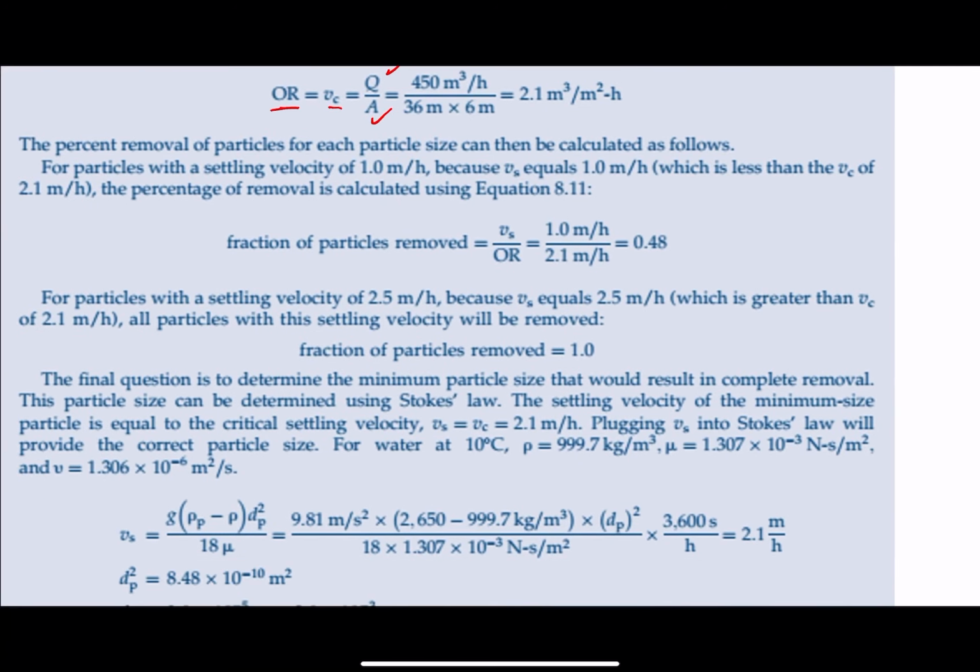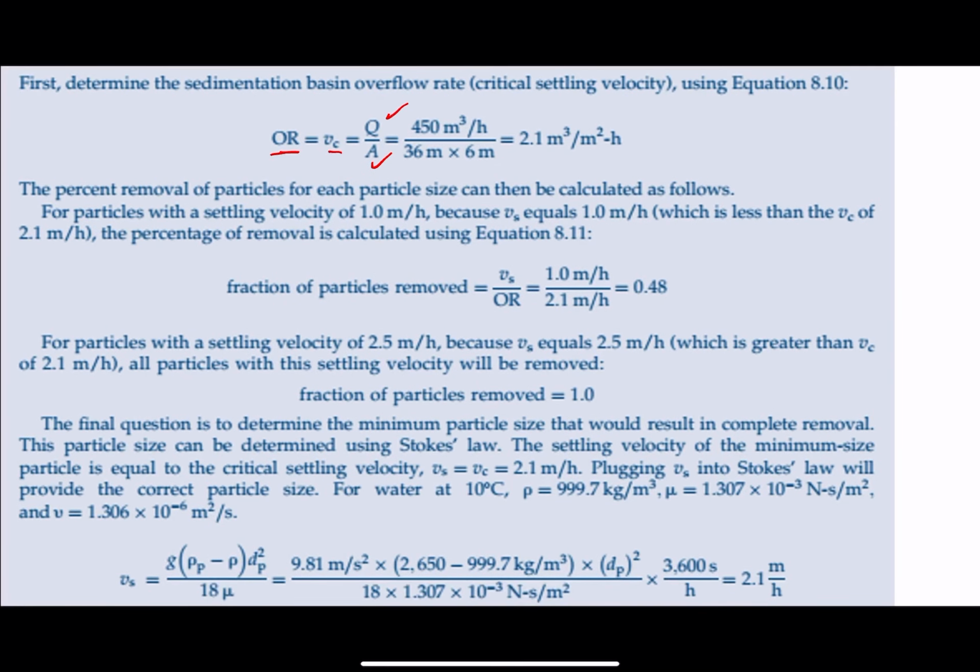Don't multiply it with the depth. Only the area, the width and the length. This would give you an overflow rate of 2.1 meter cubic per meter square per hour.